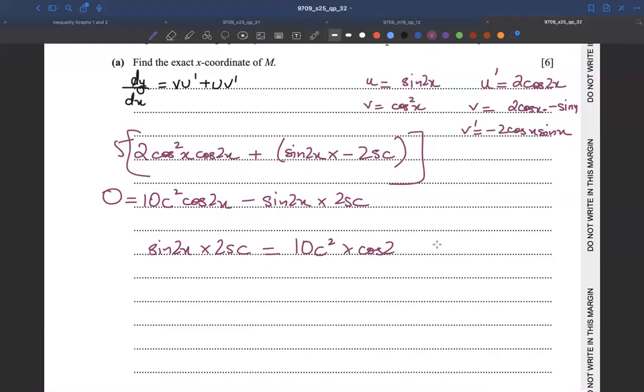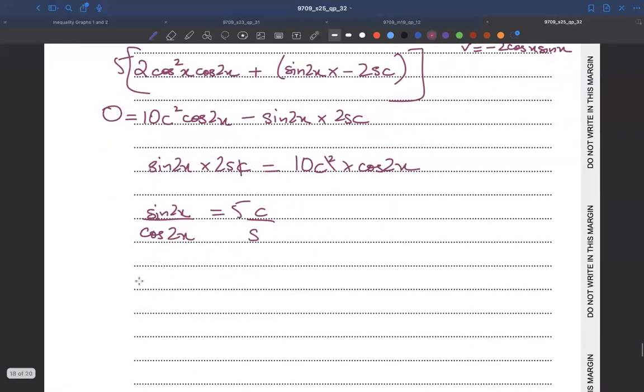Now to solve this equation, I think we can cancel the cos terms over here. Sin 2x upon cos 2x we can write as tan 2x, and 10 upon 2 will become 5, and this is cos upon sin. So tan of 2x equals 5 upon tan of x.